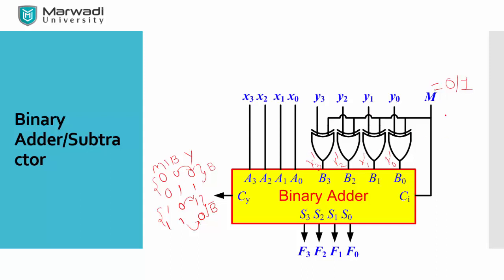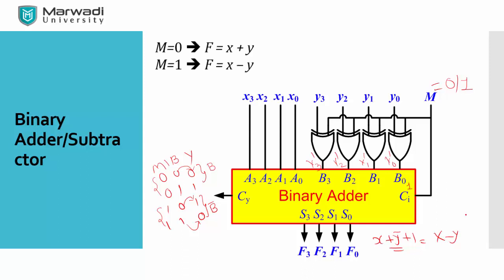Now where should the one addition be? This one will be added over here. So it works as X plus Y bar plus 1, and that is nothing but X minus Y. That is a subtraction. So M is a switch which will give you the function as addition or subtraction.